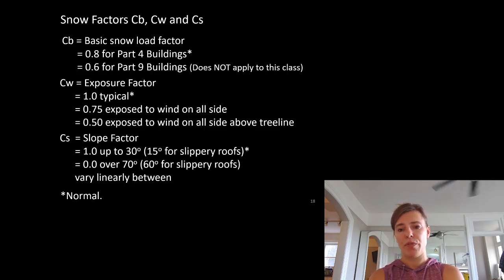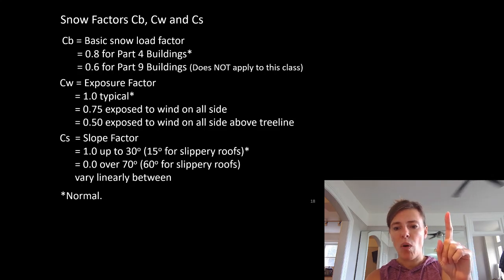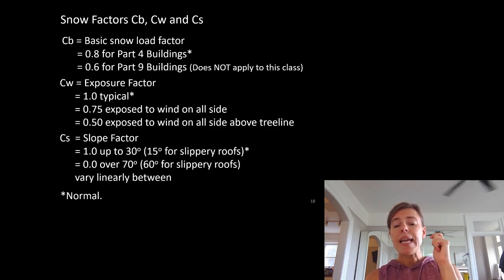CW is the exposure factor. This is saying that wind will blow snow off the roof. You're going to use 1. Don't use anything else but 1 unless I tell you something super explicit to do. It is really hard to have any other criteria. So you can see there's 0.75 if exposed to wind on all sides.